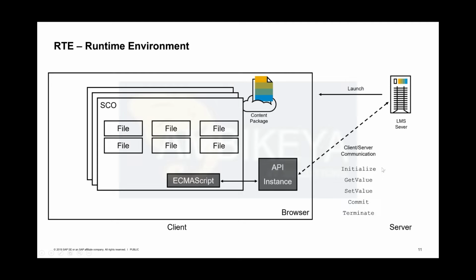So the first thing that happens is the content is calling the initialize function. It says, I'm ready, I'm loaded, and now the learner started to consume me. That's initialize. What happens on the LMS is the time is then measured. The learning time for that particular SCO is measured starting with initialize, and some other initialization values, for instance, the learner name and some scoring thresholds that you need to fulfill if you talk about a quiz, are passed back to the content.